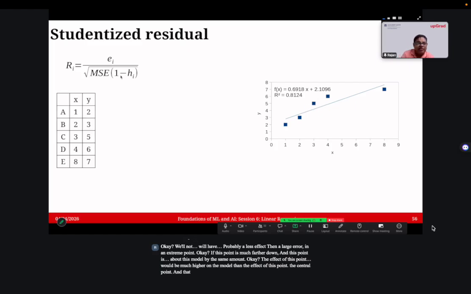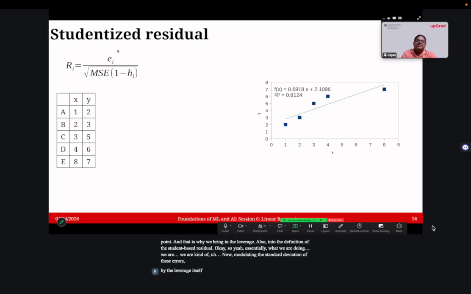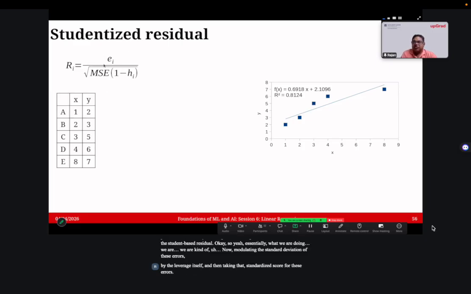That is why we bring the leverage into the definition of the studentized residual. Essentially, we are modulating the standard deviation of these errors by the leverage itself, and then taking the standardized score for these errors.